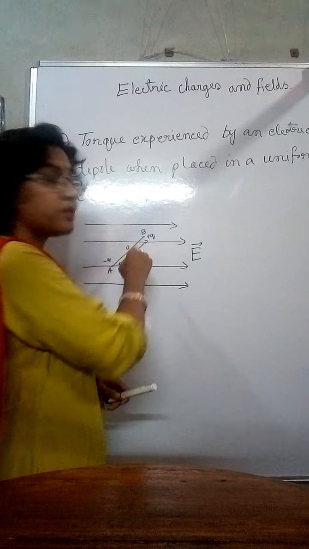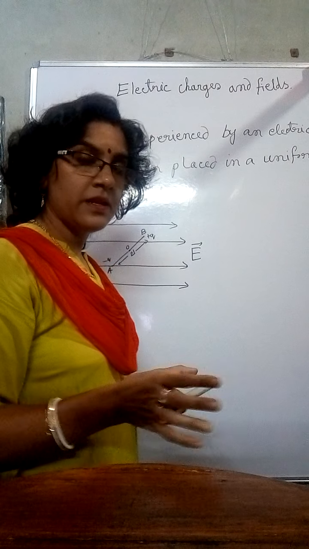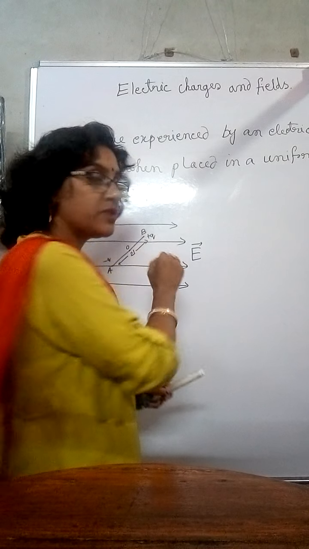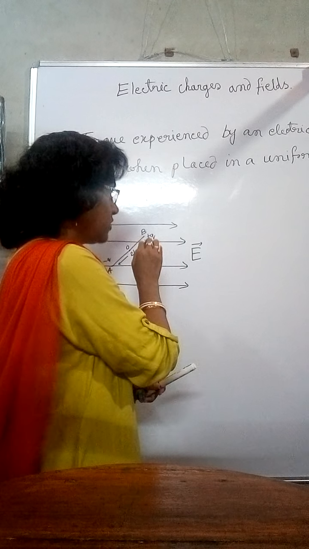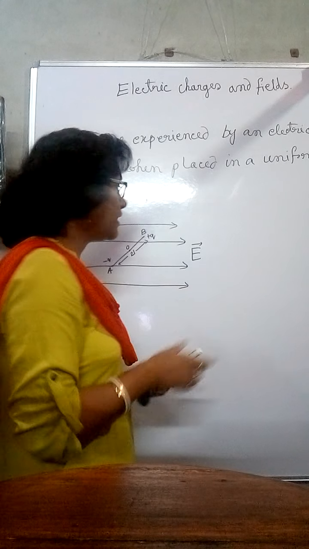Now, the force on the charge plus Q: we already know that whenever a uniform electric field is there, the force on the plus Q charge is QE and its direction is towards the electric field.